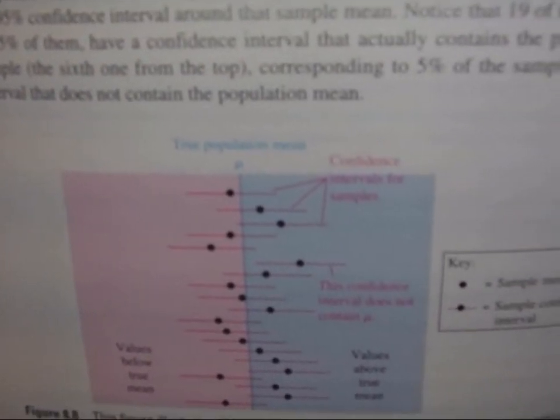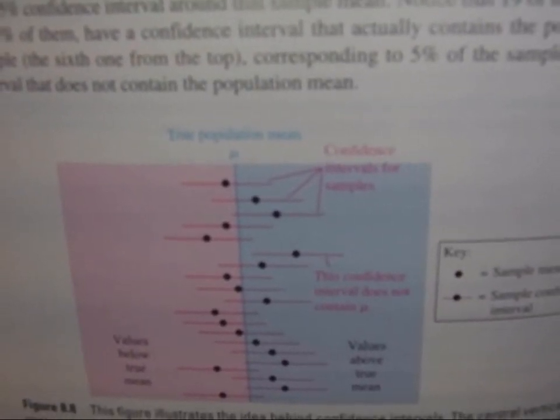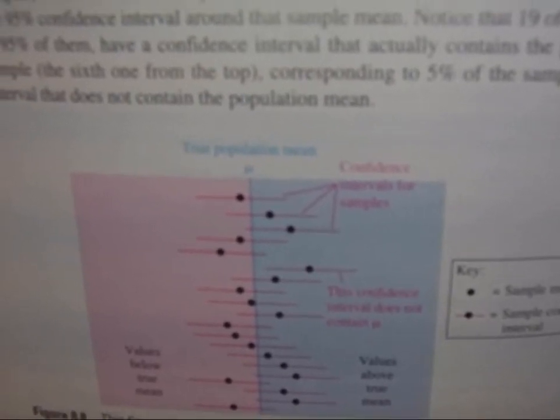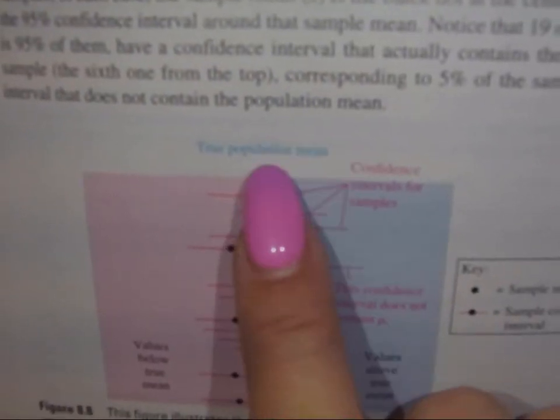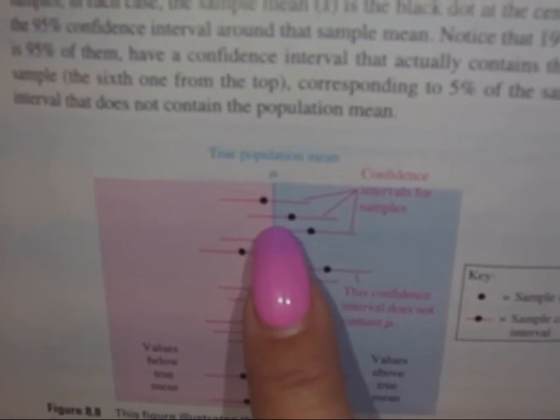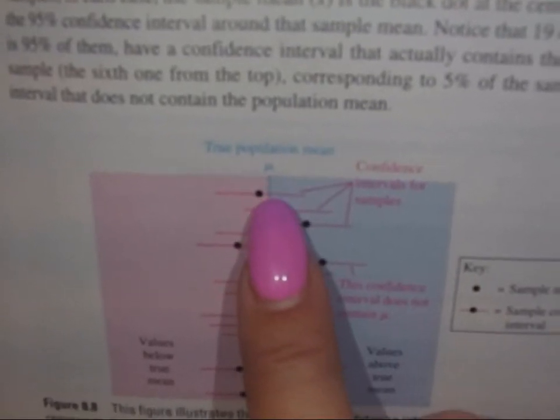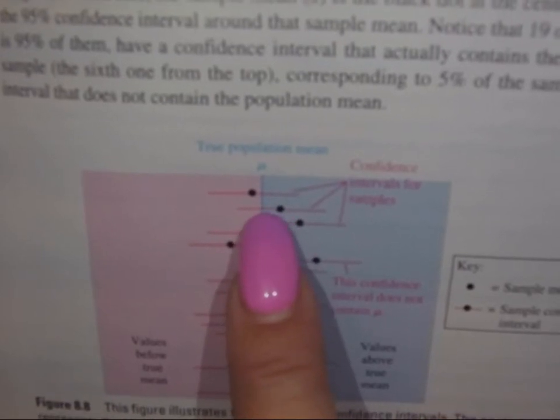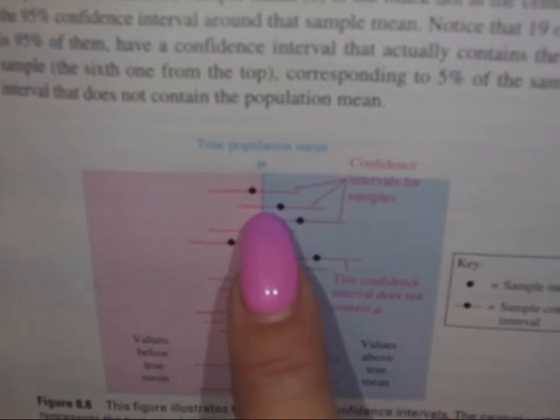Now, how would I find the actual population mean other than estimating it? I would have to do a census, right? But they're saying if we knew that mu was right here, and then we compare it to all of these confidence intervals, we say, oh yep, mu's in there. Here it's a little above the sample mean. Here it's a little below the sample mean.